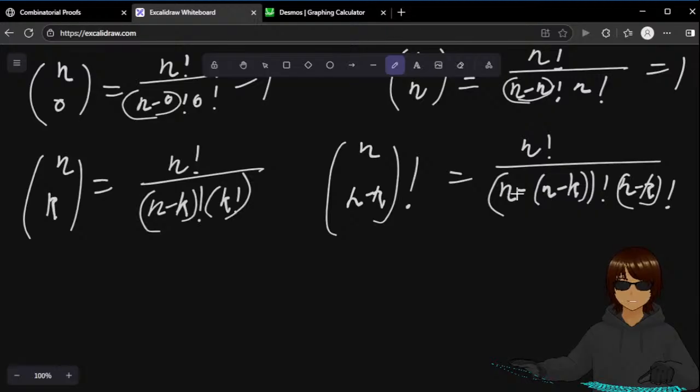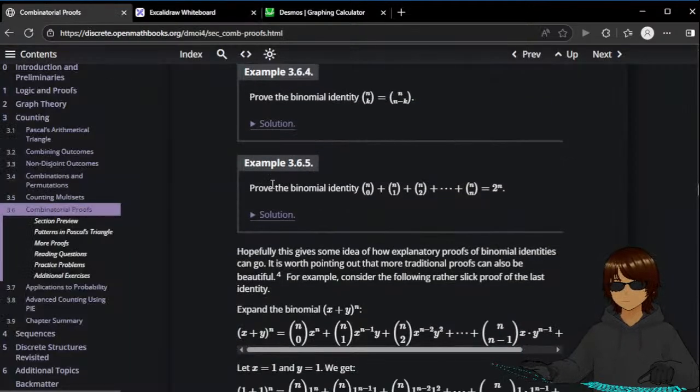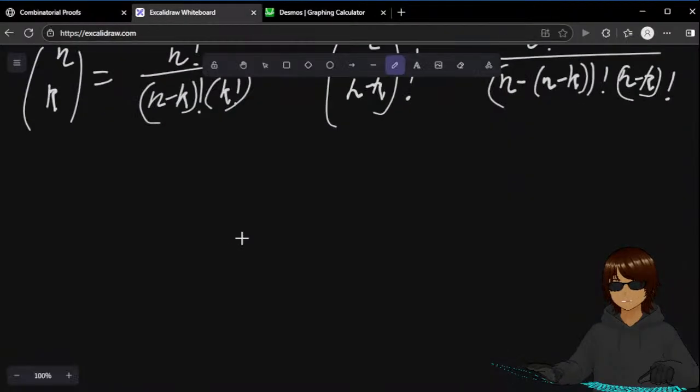And then n minus will cancel out. The minus n minus k will become plus k. So this will be the same as this. Now, how do we do the last one? That's the question.